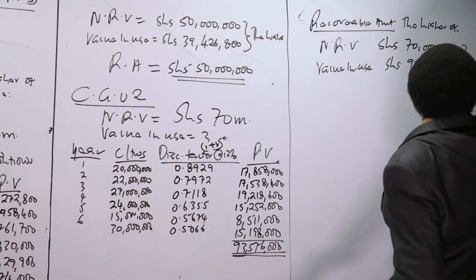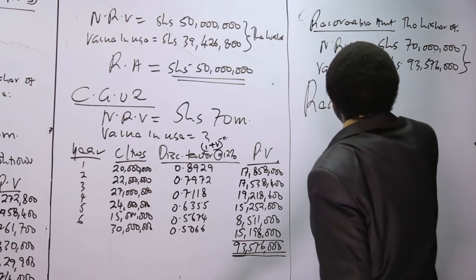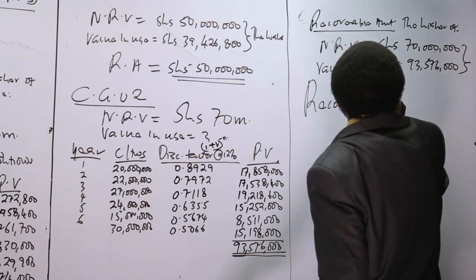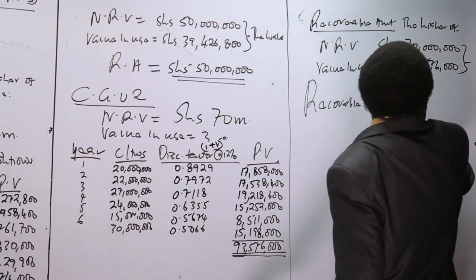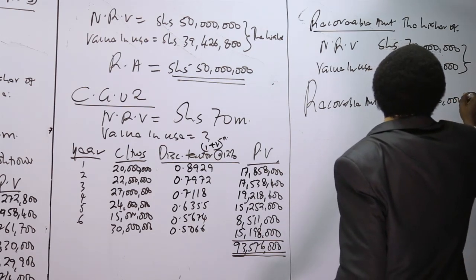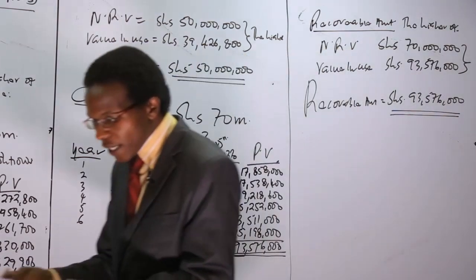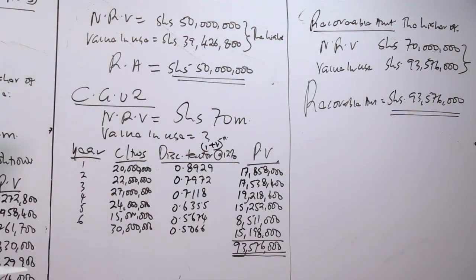So which one is the higher? Definitely our recoverable amount will be shillings 93,576,000. Now we are done with Roman 1, the recoverable amount.